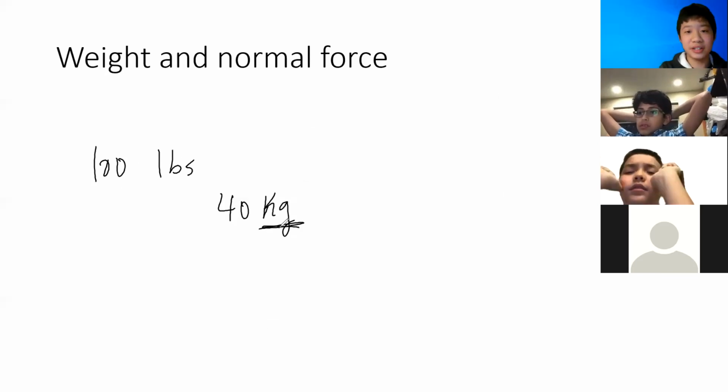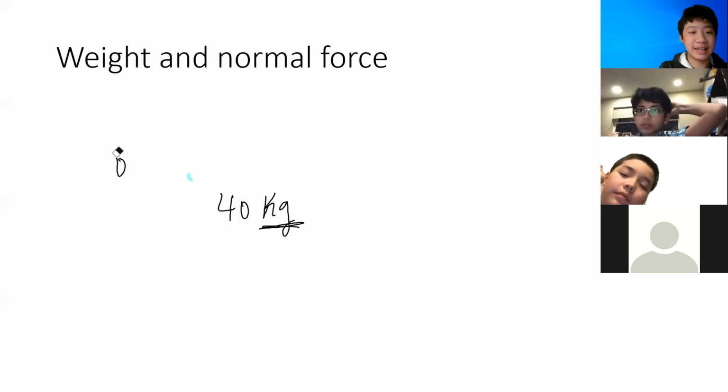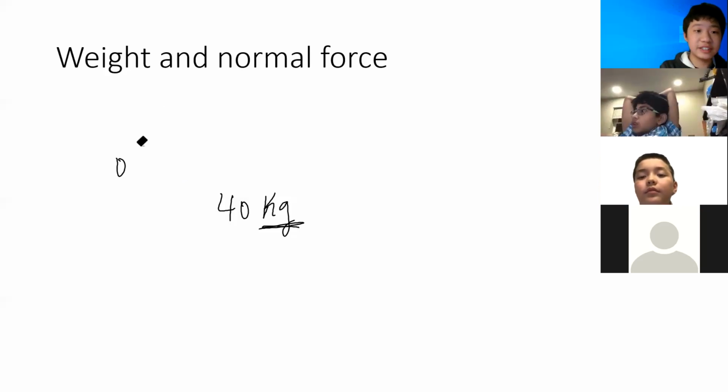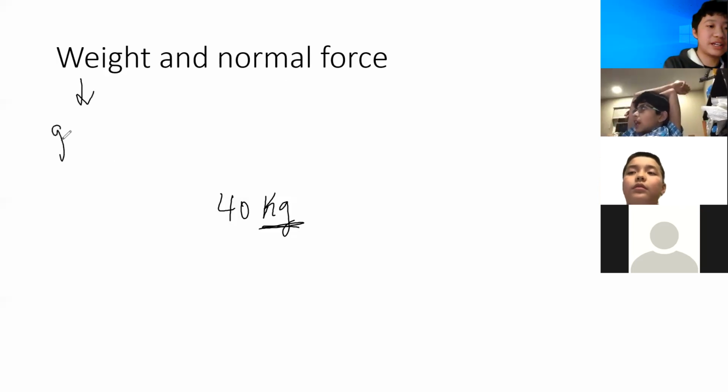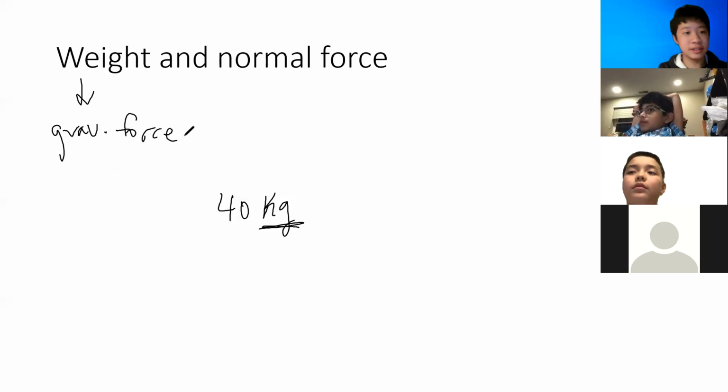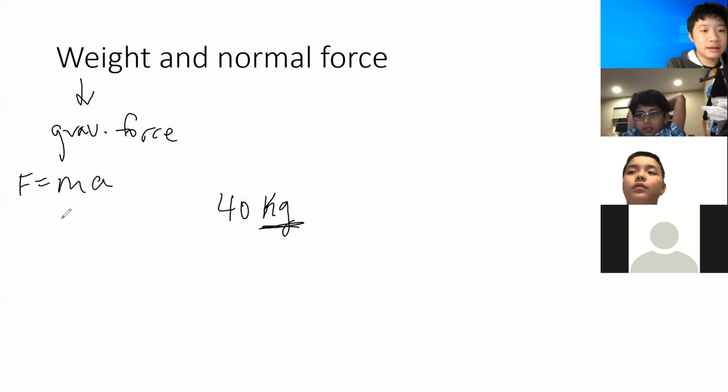Kilograms are not a unit of weight in physics, okay? So weight, by definition, is the gravitational force on an object, okay? So what is that? That's F equals ma. And the acceleration due to gravity is mg.